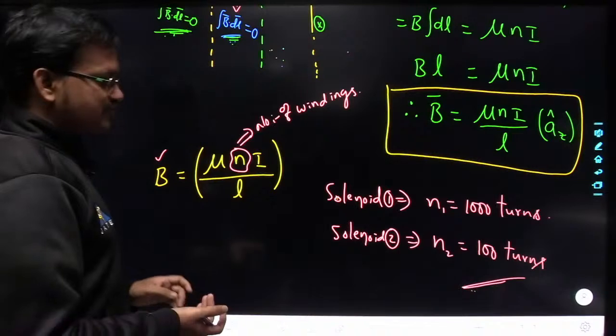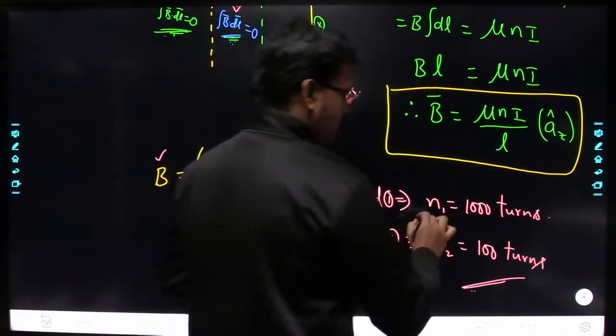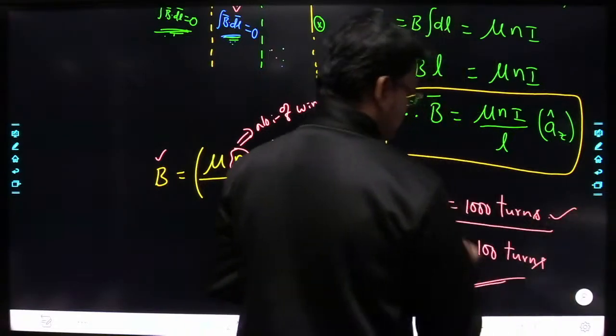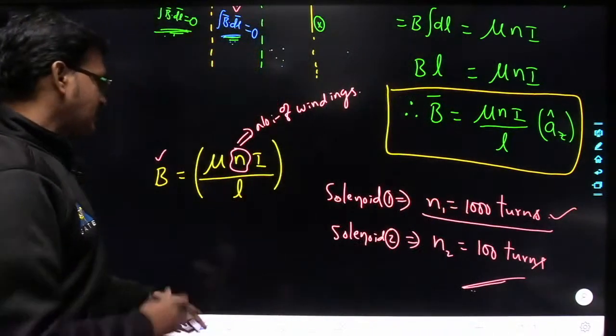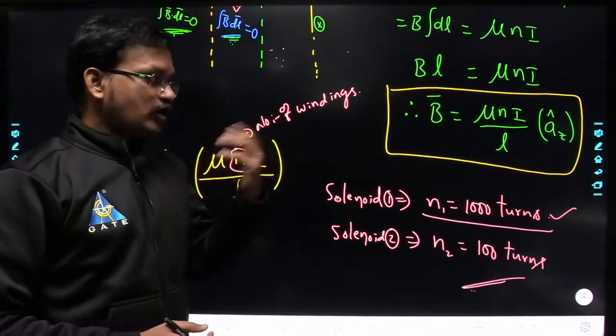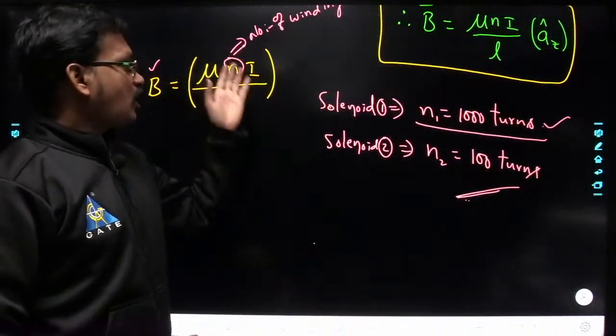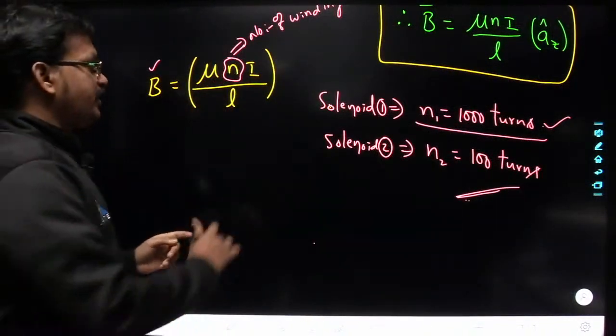Generally the students will say, since the B field is proportional to n, that if the number of turns is more, then the B field is more. But you cannot say that directly, because it not only depends upon the number of turns, it also depends upon what?